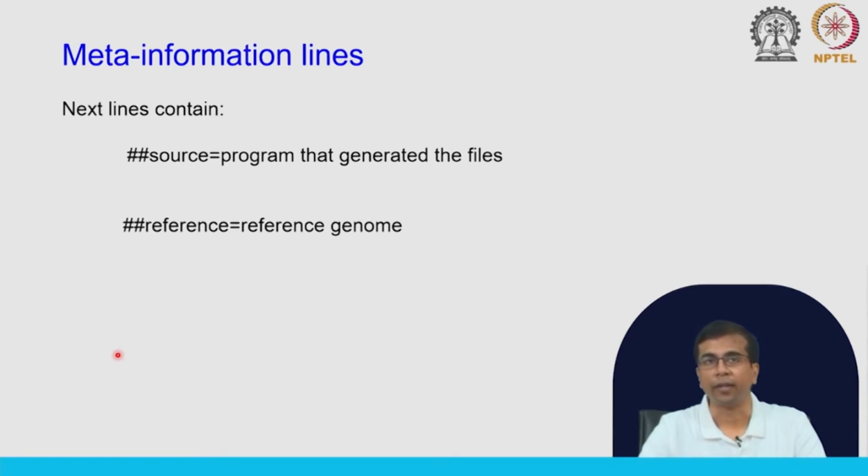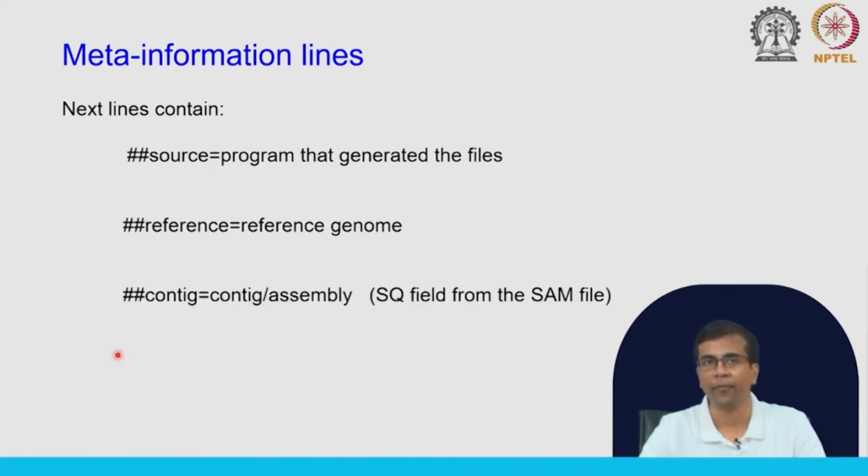Then the next line is reference, the reference genome that we used. It will just take the file name, and then it will have contig or contig assembly. This is identical to the SQ field from the SAM file, so it should have the chromosome IDs in our data.